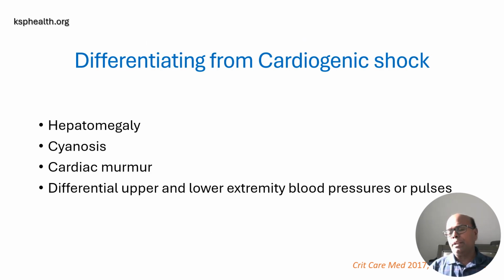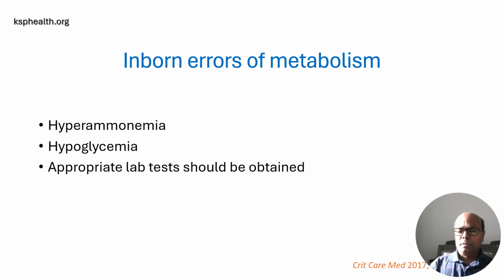One should differentiate the septic shock patient from cardiogenic shock by clinically looking at hepatomegaly, cyanosis, cardiac murmur, and differential upper and lower extremity blood pressure or pulses. And neonates with inborn errors of metabolism also can present like sepsis, but these patients will have hyperammonemia, hypoglycemia, or severe acidosis. So in those patients, appropriate lab tests should be obtained.